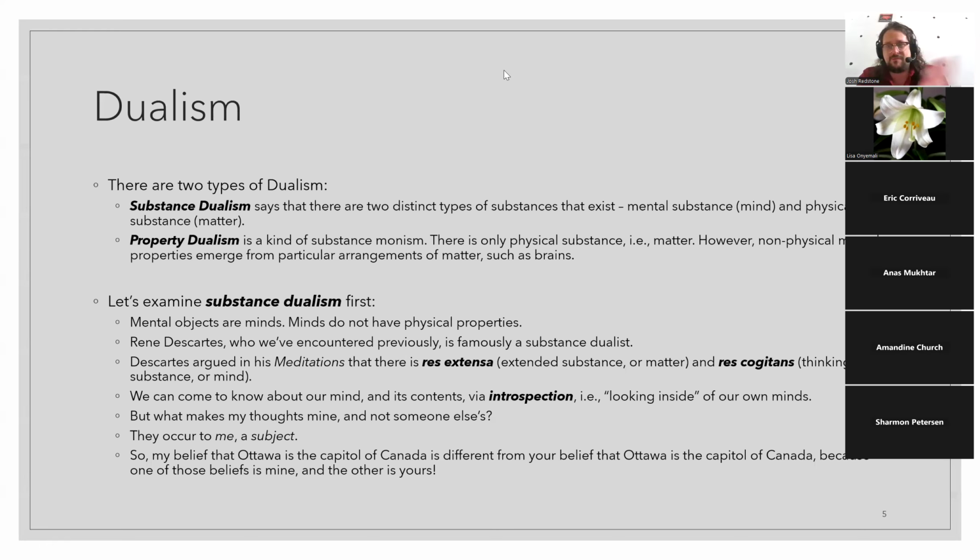Many religions teach this, where what you ultimately are is not your body, but your soul. That's also a kind of dualism, but you don't really see that very much in philosophy, although you do just amongst people in general. So I think that's pretty cool.